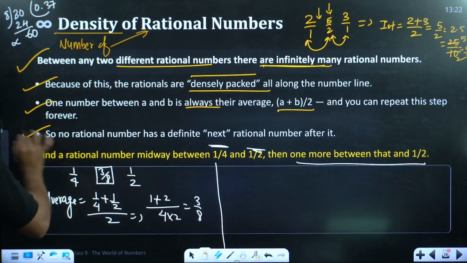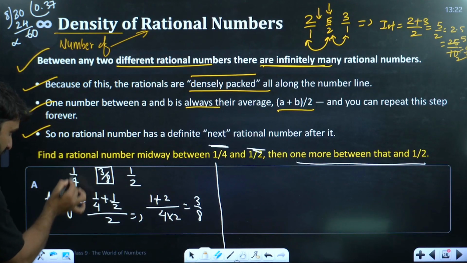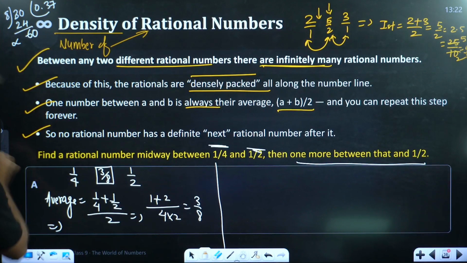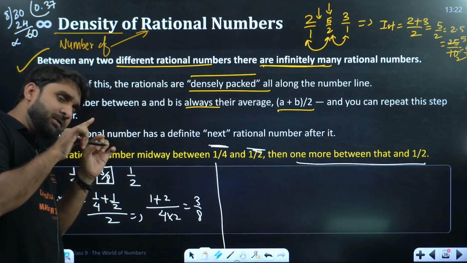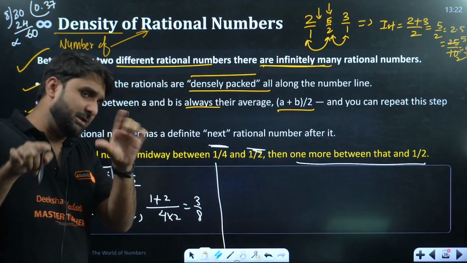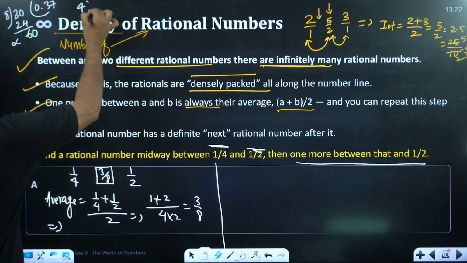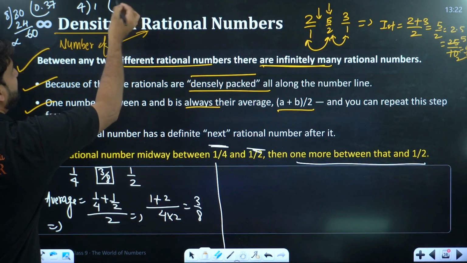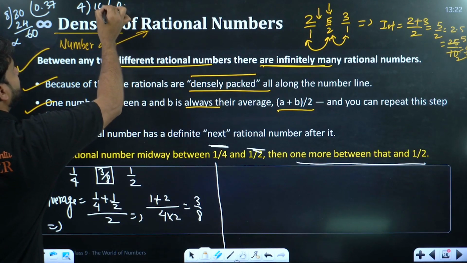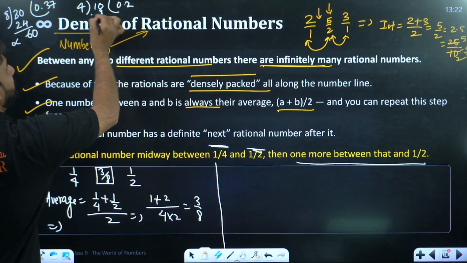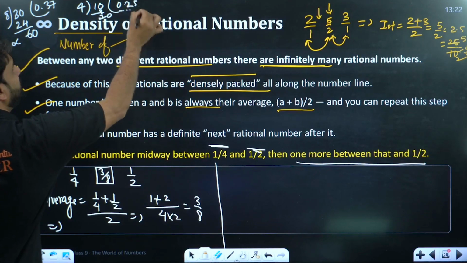Perfect. Now look, champions. What is 1 by 4? If you calculate the value of 1 by 4, 1 will be divided by 4. So 0.0, now 4 ones are 4, 4 twos are 8. I have already told you it is 0.25.